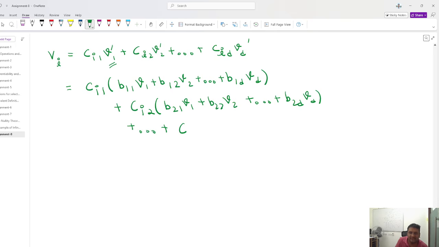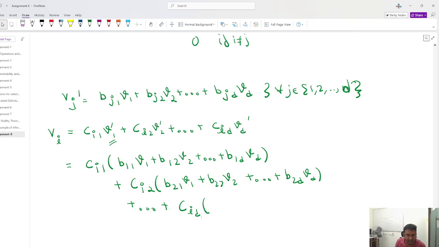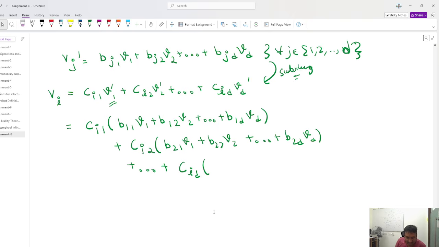And CID. What was the prime's value? So this into this I am substituting for D: BD1 V1 plus BD2 V2 plus dot BDD VD.